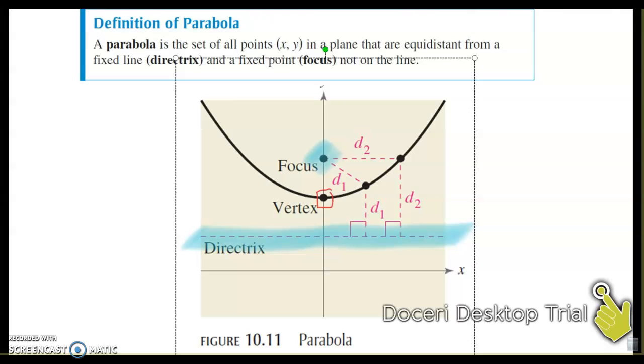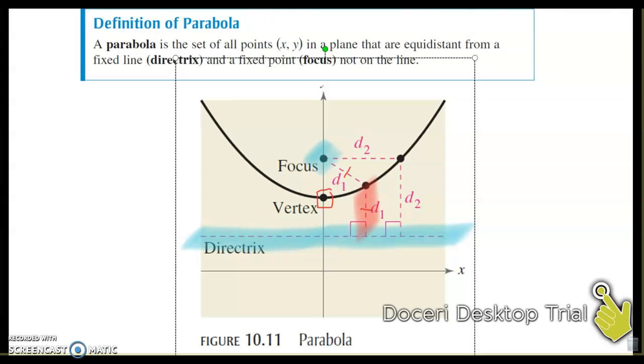We already know that that's either the lowest point or the highest point. So every single point is equidistant. In other words, this distance right here and this distance right here are the same, and this distance that I'm highlighting is perpendicular to that directrix. And that is going to form our parabola.